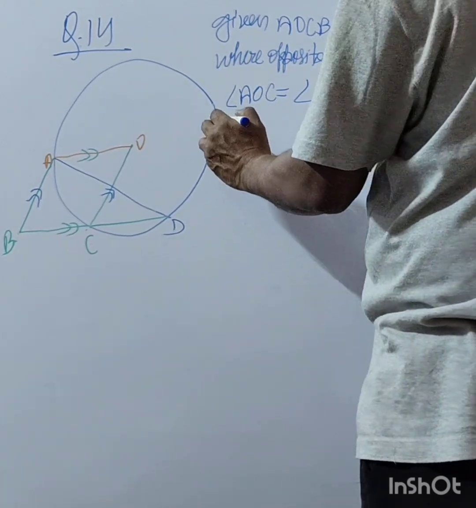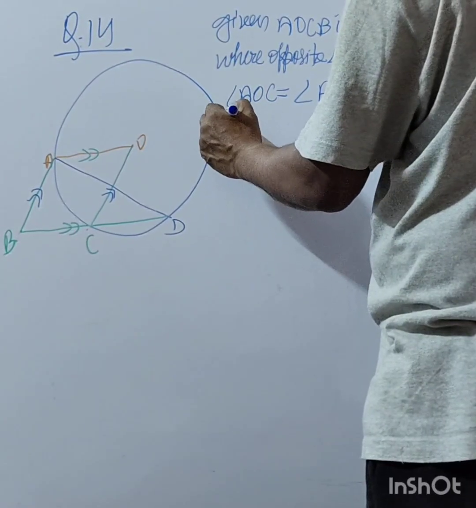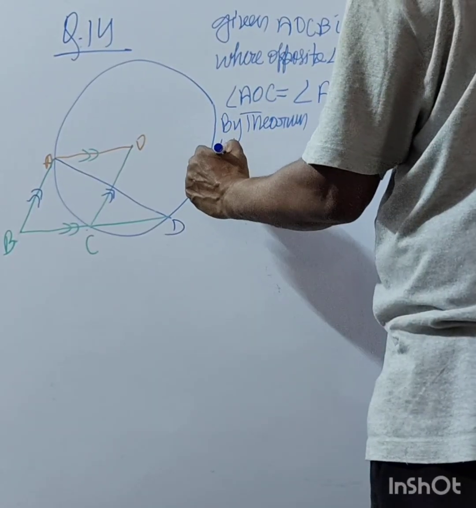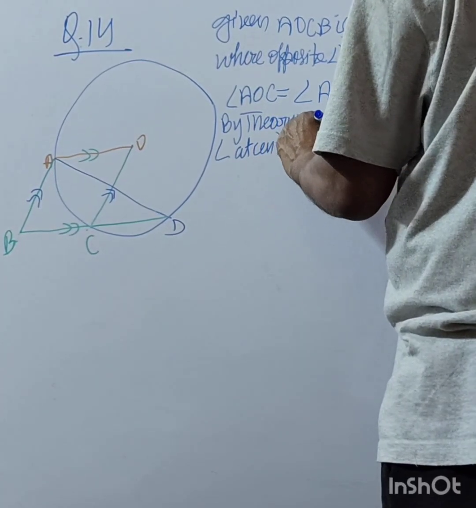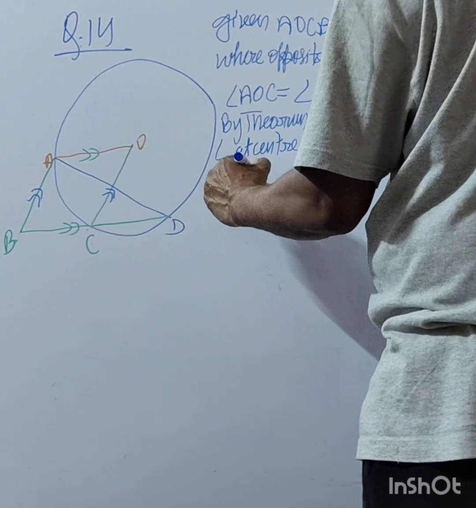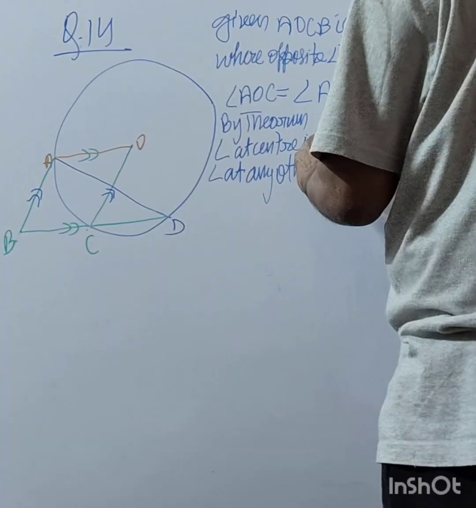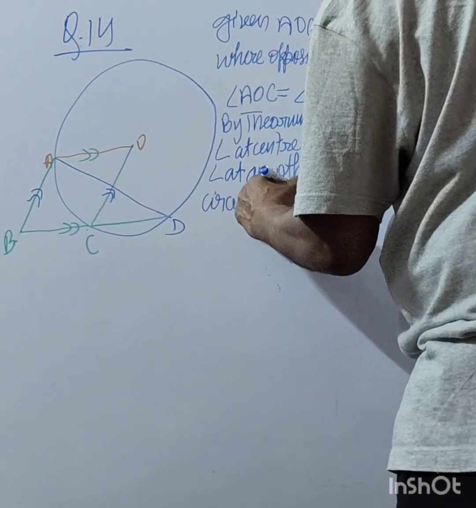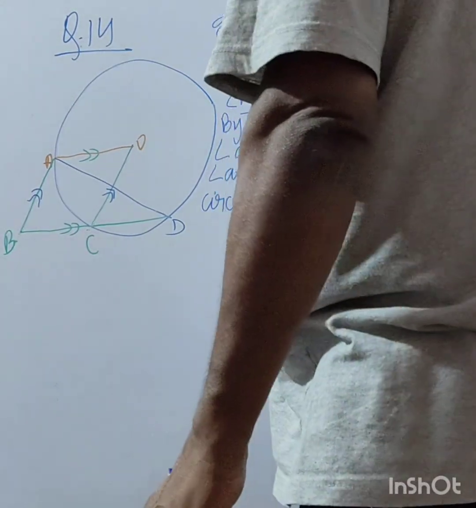And they both are equal, and by theorem, angle at center is double the angle at any other point on the circumference of the circle. Circumference of circle, right?